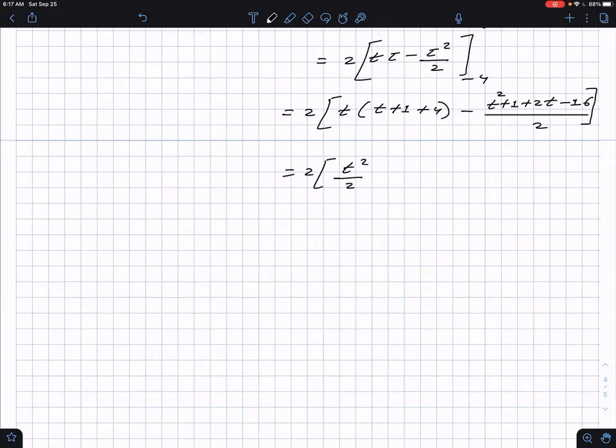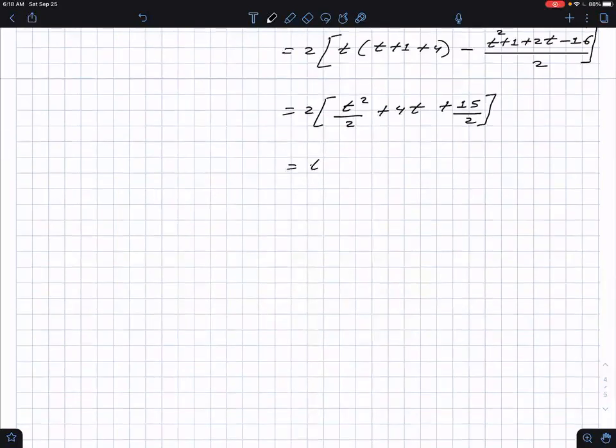If we combine all the t terms, we get 5t minus t, so we get plus 4t. And the constant term is plus 15 by 2.